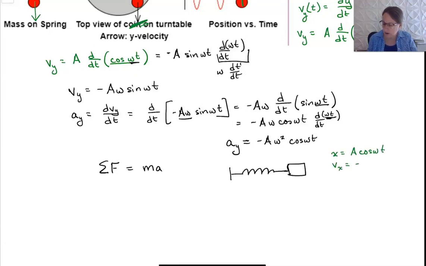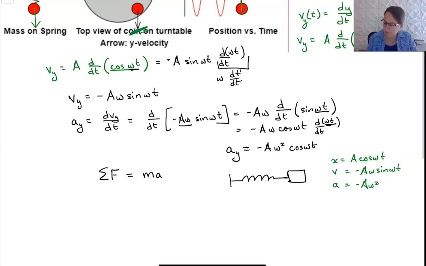Vx would then equal minus A omega sine omega t, and the acceleration is equal to minus A omega squared cosine omega t.